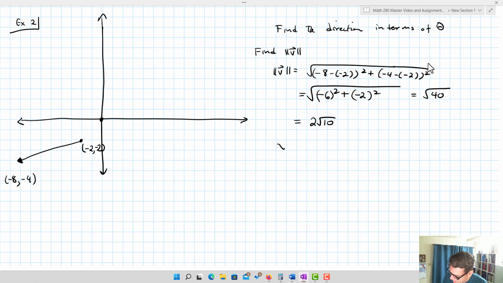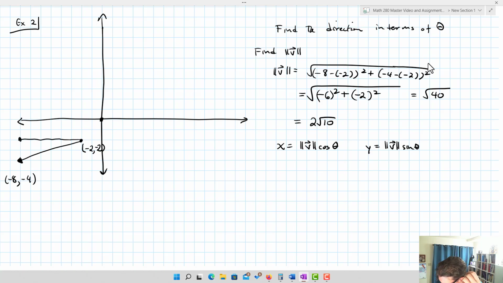So if you remember, x is going to equal the magnitude of v cosine theta, and y will equal the magnitude of v sine theta. Okay? And so I'll just utilize the x direction. This distance is 1, 2, 3, 4, 5, 6. So the distance is 6.